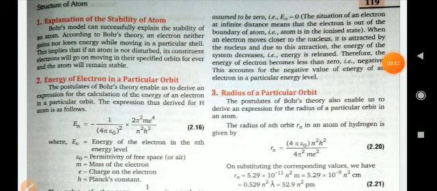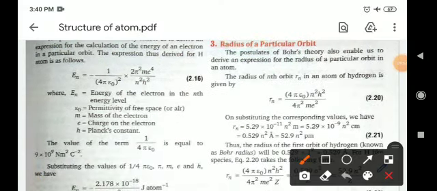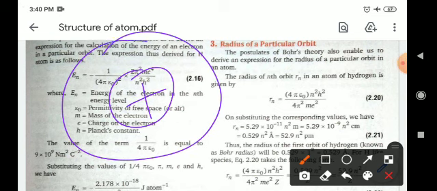Now, radius of an orbit. He also gave a formula for the calculation of the radius of the orbit, that is, the distance from the nucleus to the orbit. For that he gave an equation, Rn equals 4 pi epsilon n square h square upon 4 pi square m e square.